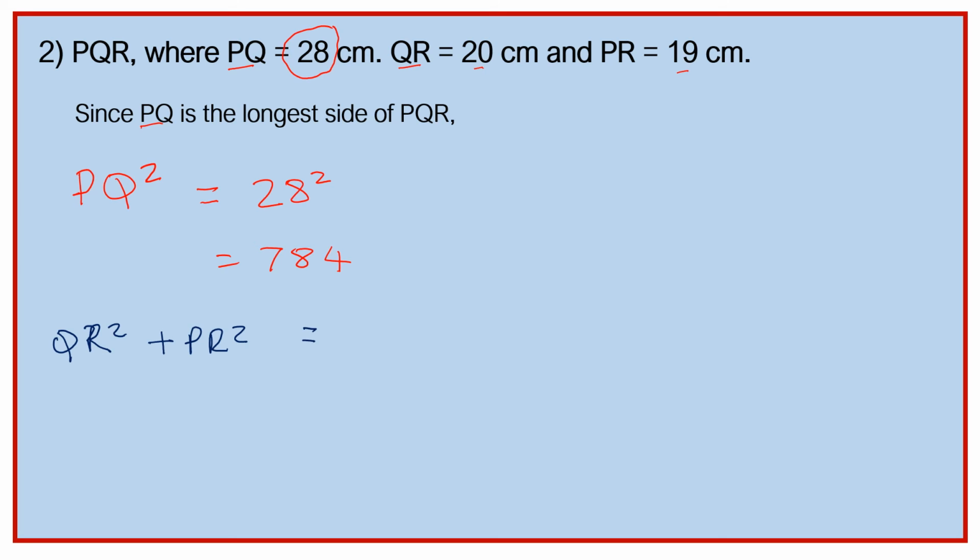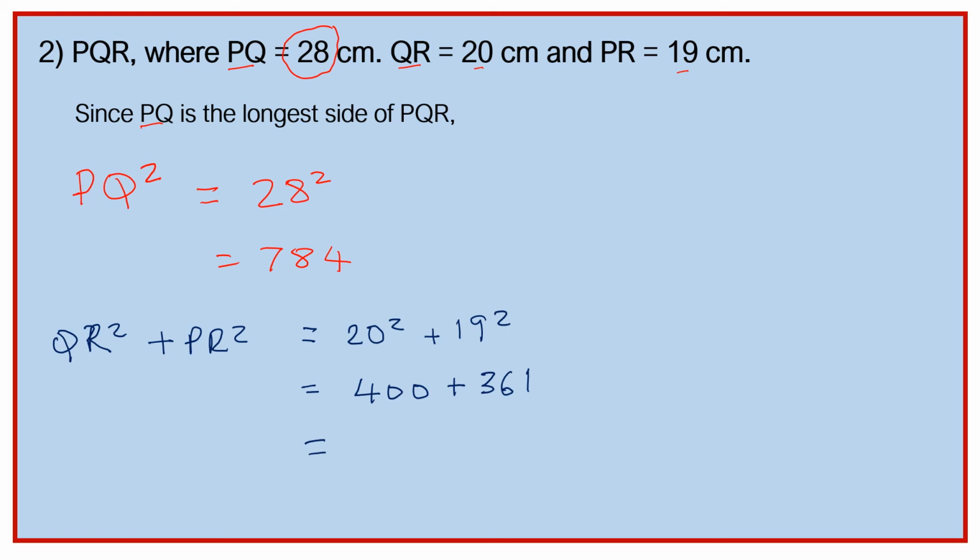Now, let us see what is QR squared plus PR squared. This will give us QR, which is 20 squared, plus PR, which is 19 squared. And of course we know that 20 squared is 400 and 19 squared is 361.